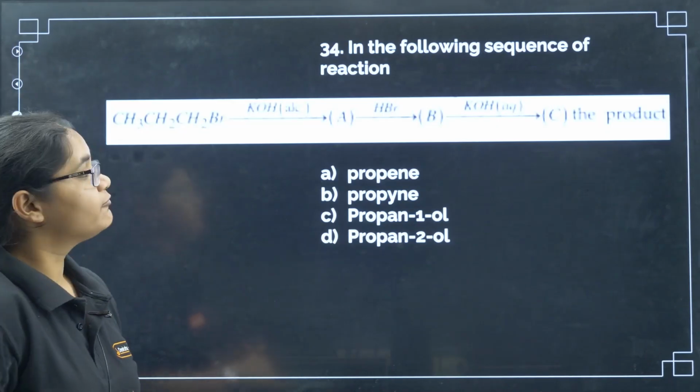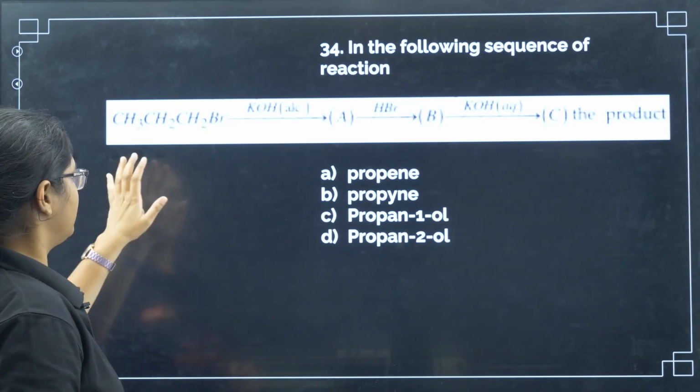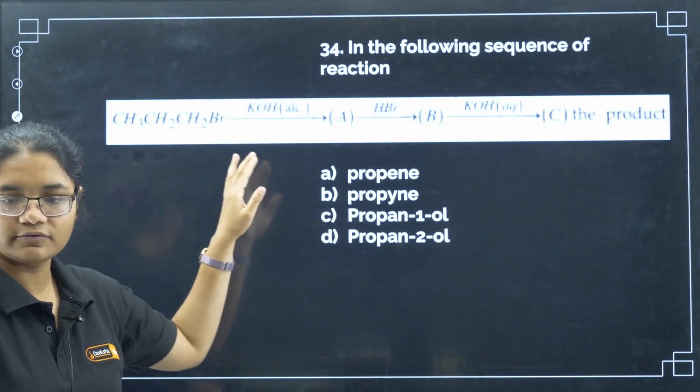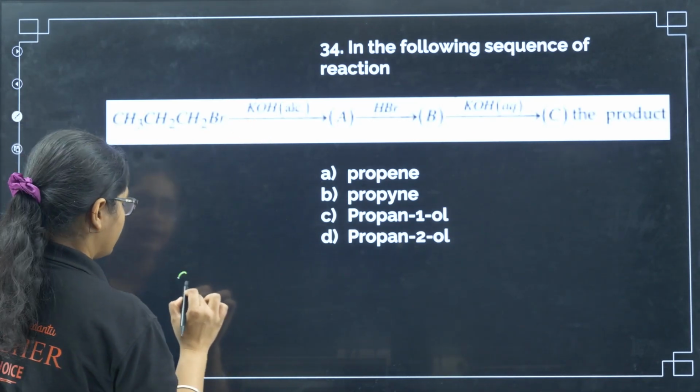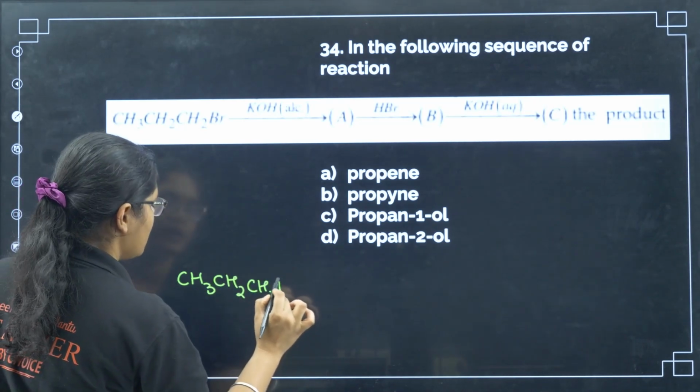Next, in the following sequence of reactions, you have to find the product. I will tell you what is there if it is not visible. So you have CH3CH2CH2Br.